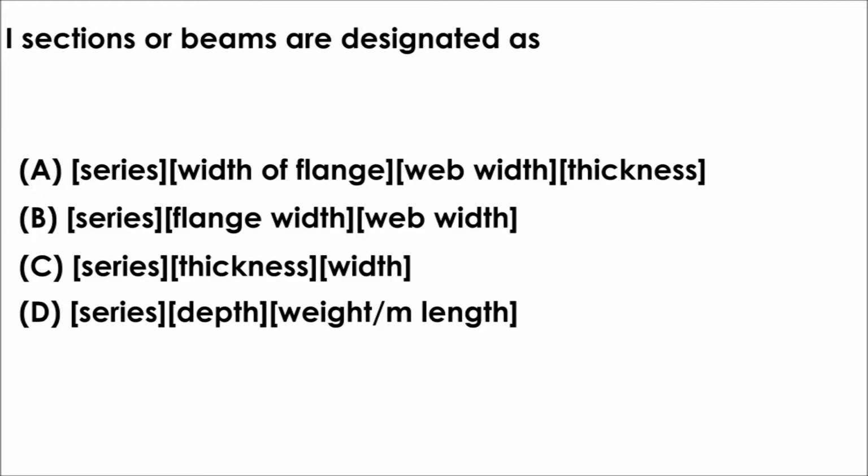Option D, series, then depth, then weight per meter length. The correct answer is option D. I sections or beams are designated as first series is displayed, then depth is shown, then weight per meter length is shown, that is series, depth, weight per meter length.